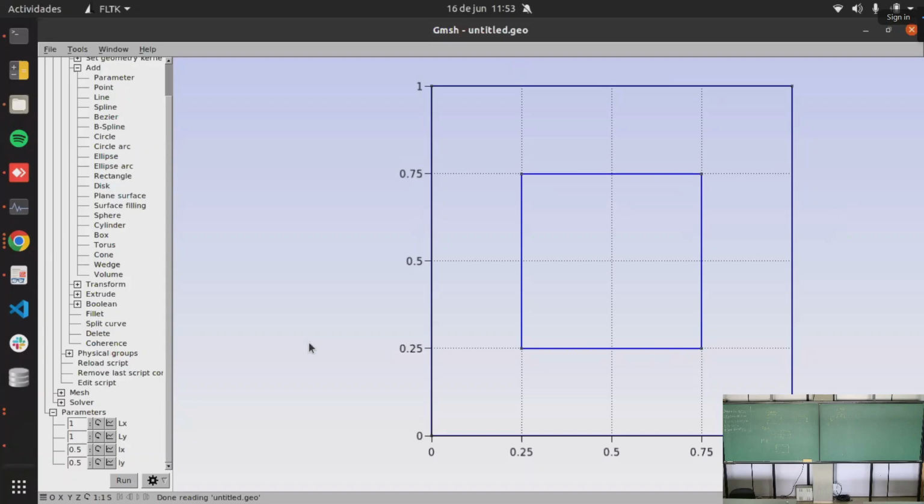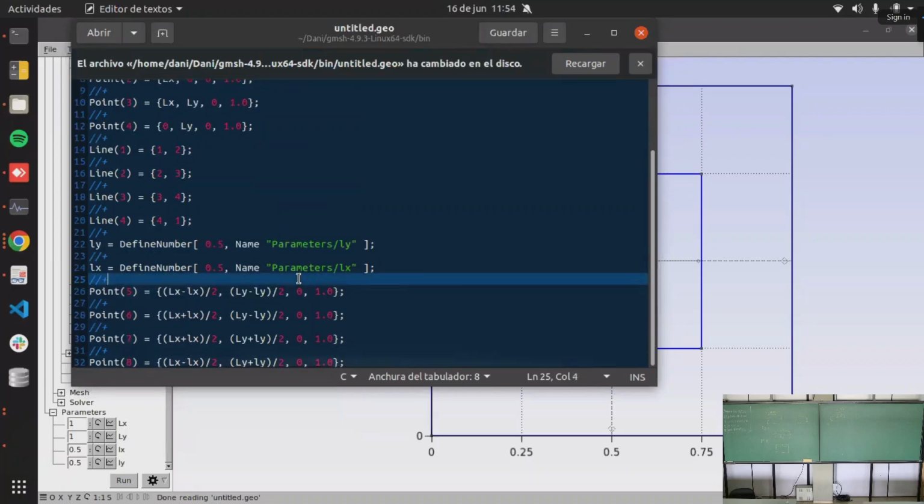And after that, I have to tell the software that this will be a plane surface in this way. Create this surface and the big surface. That will change our script in this way.